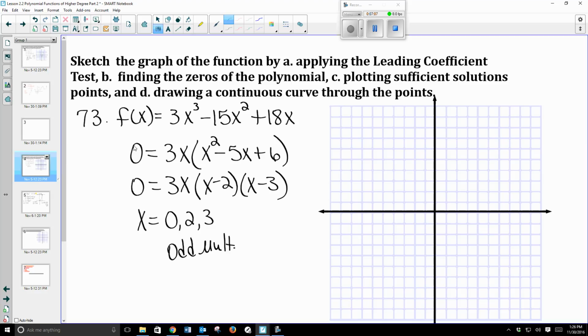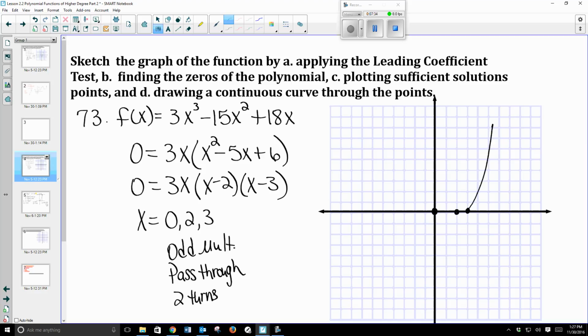So if they're odd and they're 1, what will it do with those points? Pass through. Okay. 0, 2, and 3.